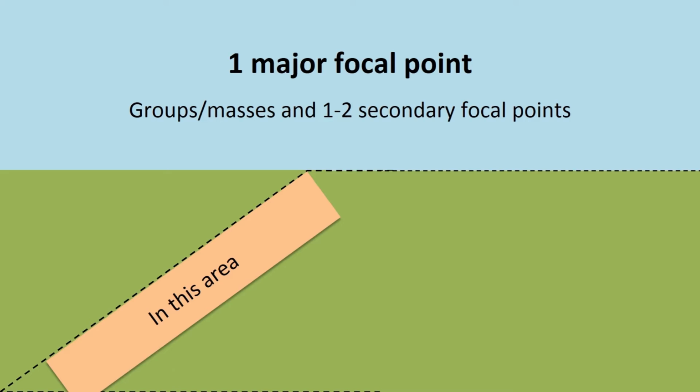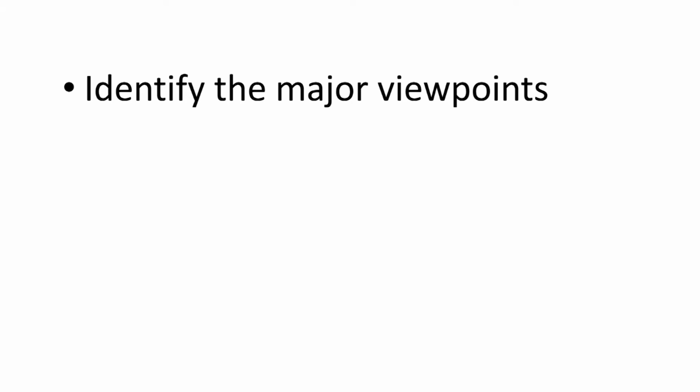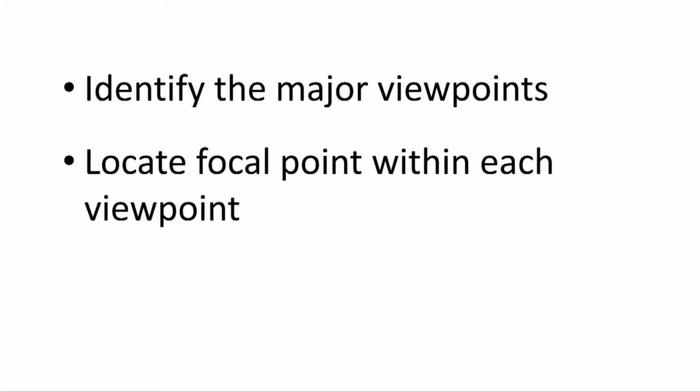Now obviously if you look to the back left corner of the property, you might be able to see the focal points on both the back lot line as well as the left lot line. But what you as a designer have to do is to decide what would naturally be the major viewpoints, or what are the viewpoints you want to create, and break it down that way and locate focal points accordingly.